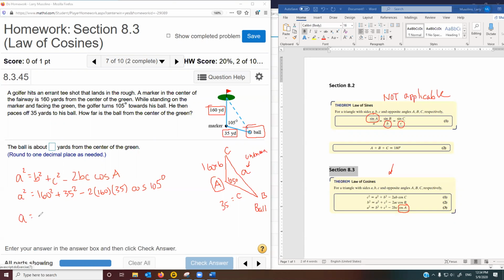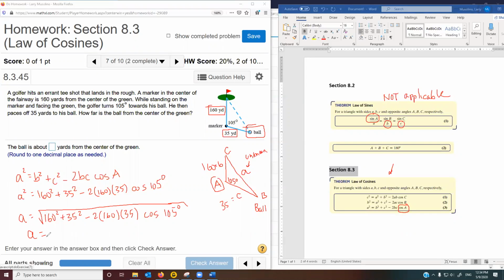So side A is going to be the square root of this whole expression. And I'm going to let my calculator do this all at one time by typing this entire expression, including the square root symbol, into my calculator. And that'll give me answer A. It looks like they want me to round to 1 decimal place. So I'm going to my calculator.